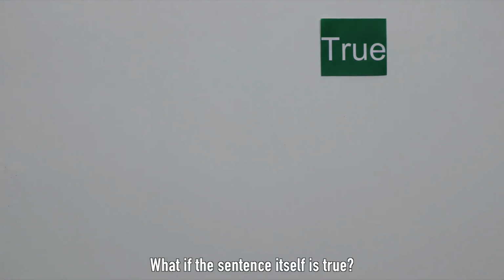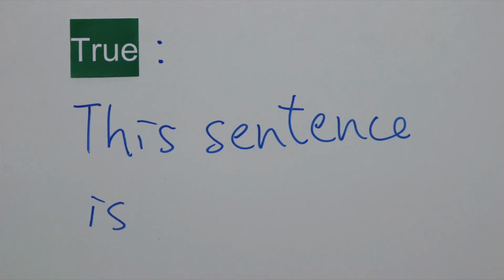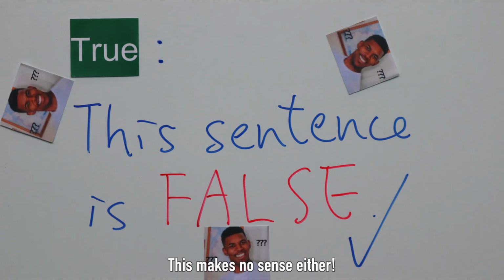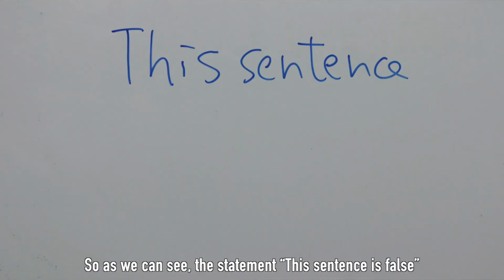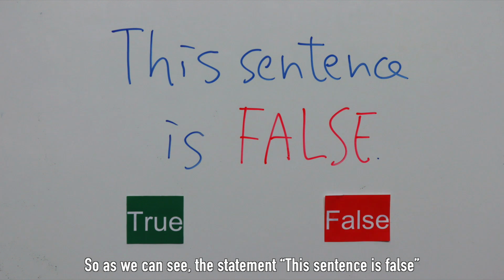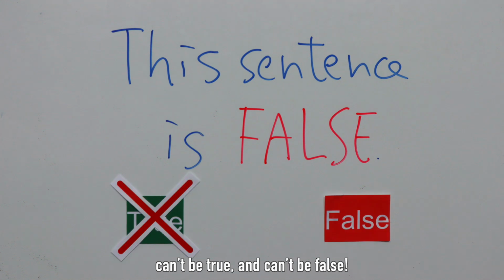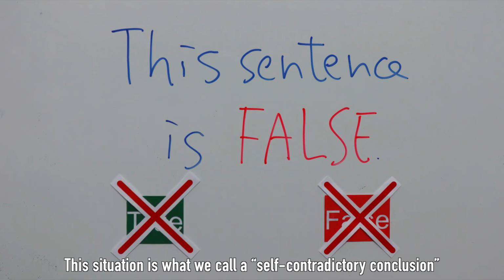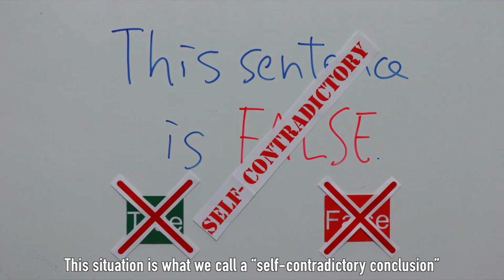What if the sentence itself is true? The statement, this sentence is false, would be true, which means that this sentence is indeed false. This makes no sense either. So as we can see, the statement, this sentence is false, can't be true and can't be false. This situation is what we call a self-contradictory conclusion.